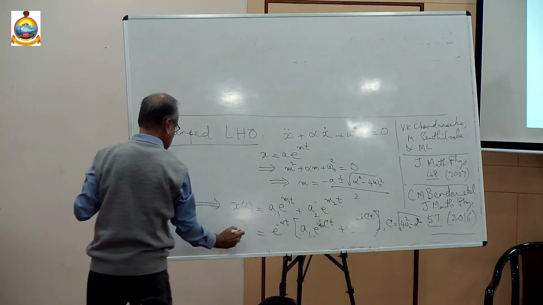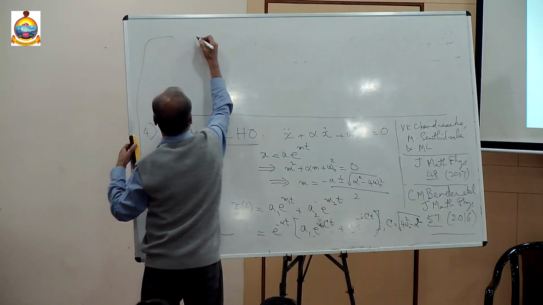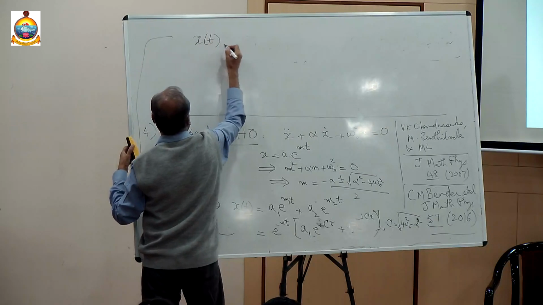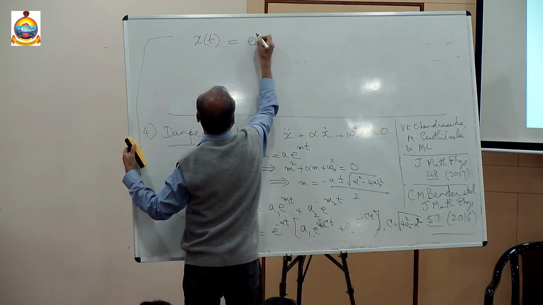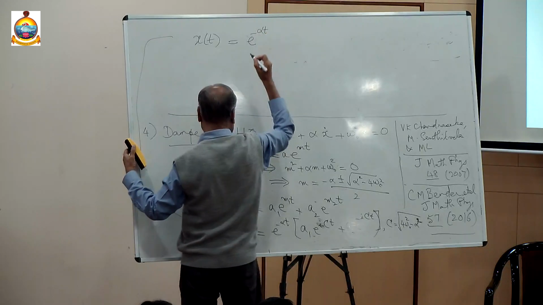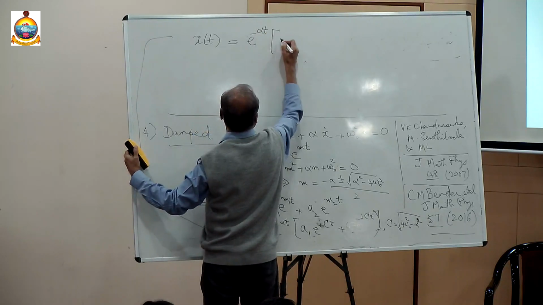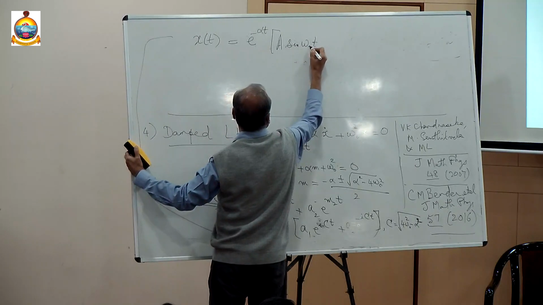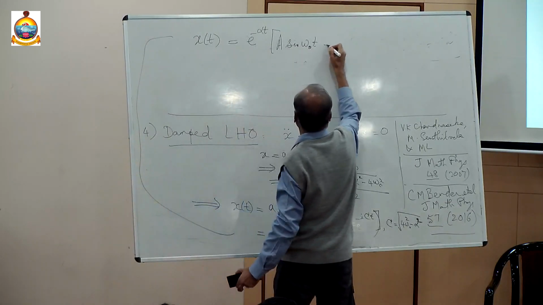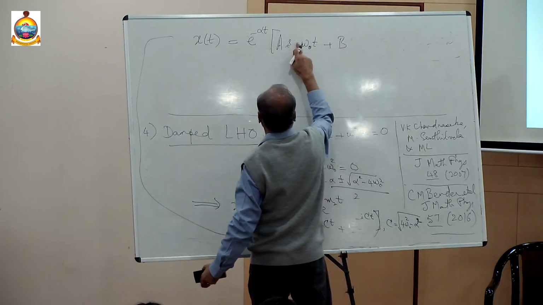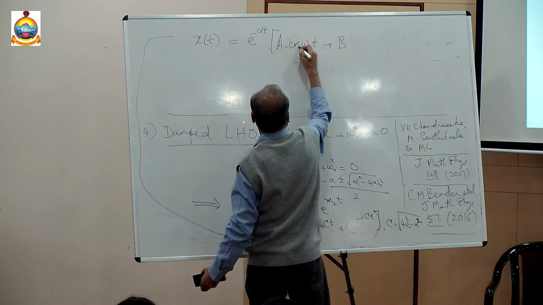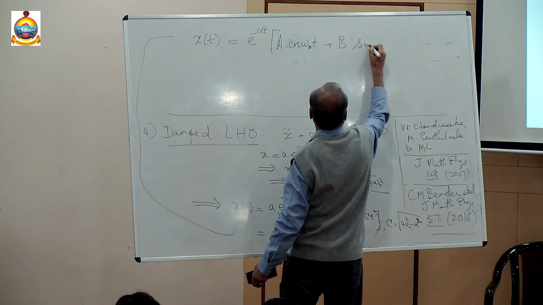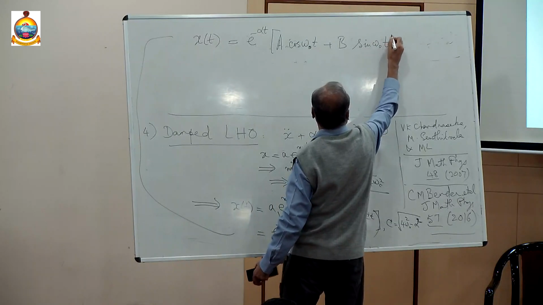So you have the solution as x of t equal to e power minus alpha t, and I assume alpha to be positive, times a cos omega naught t plus b sin omega naught t.